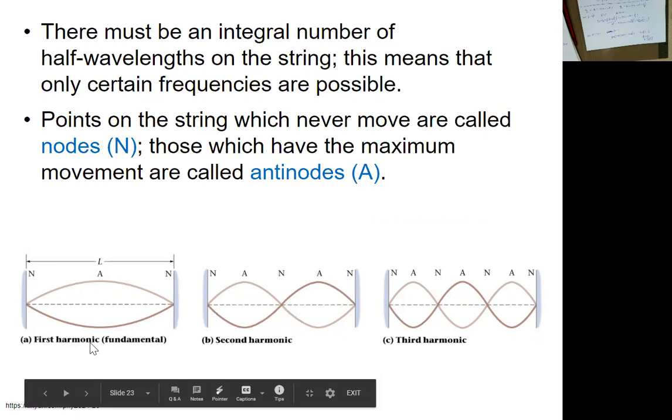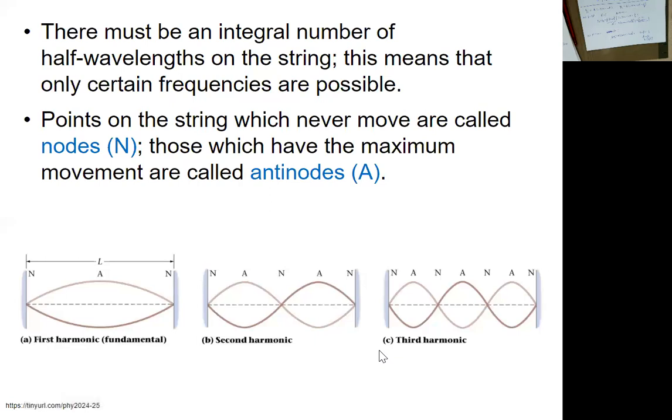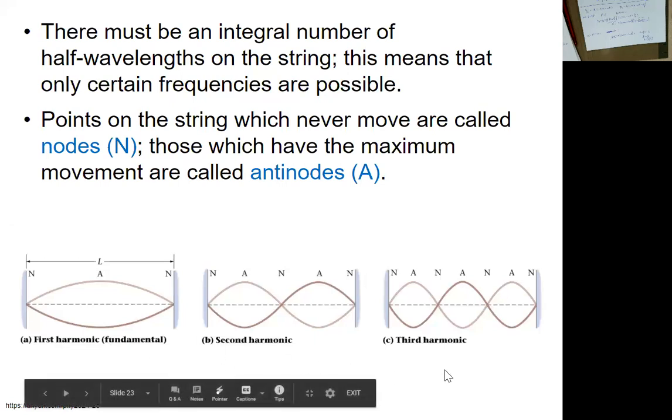So this is called the first harmonic or fundamental wave. And this is called the second harmonic. This is called the third harmonic. So first, second, third refer to their wave frequencies, okay? First lowest frequency, second lowest frequency, third, etc. In increasing order of the frequencies.